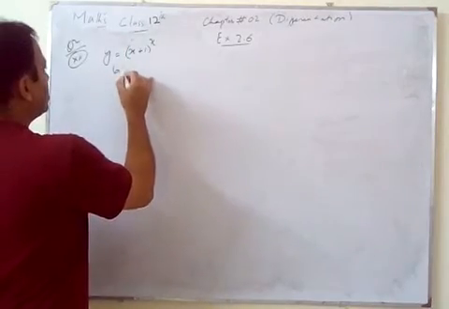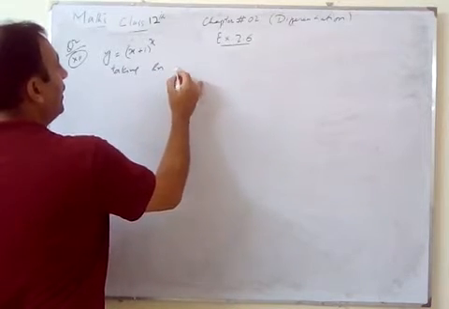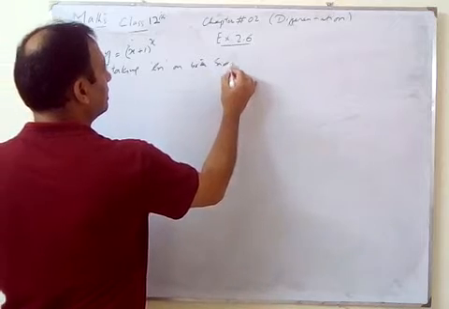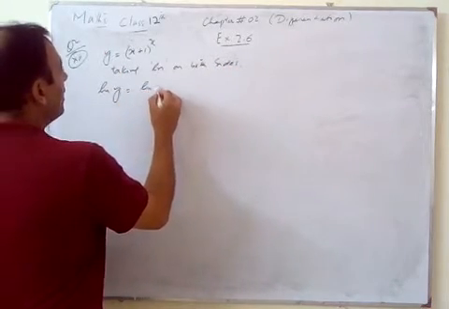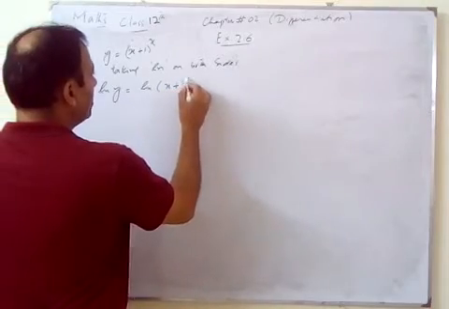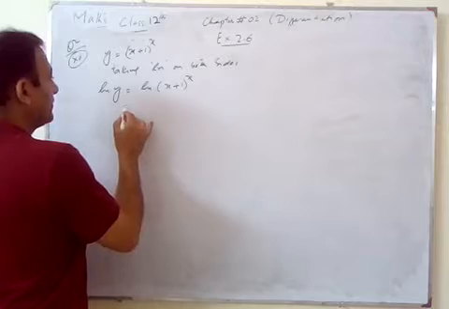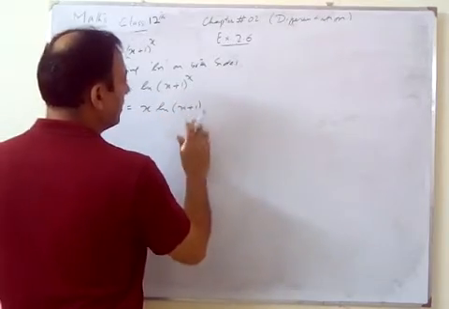Taking log on both sides, and we take natural log. So log of y is log of x plus 1 power x. When x is the power, it means x into log of x plus 1.